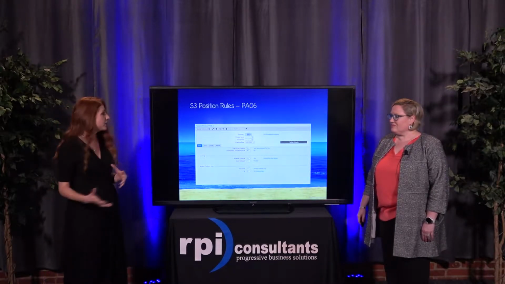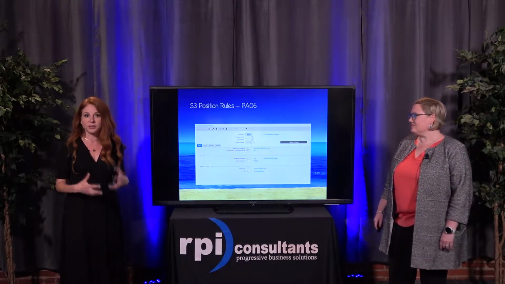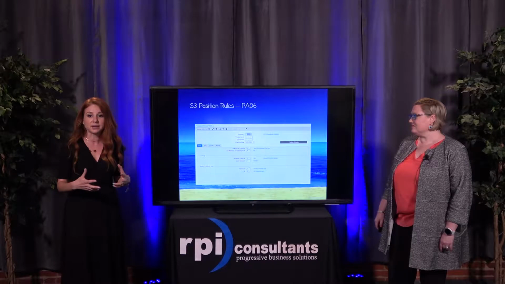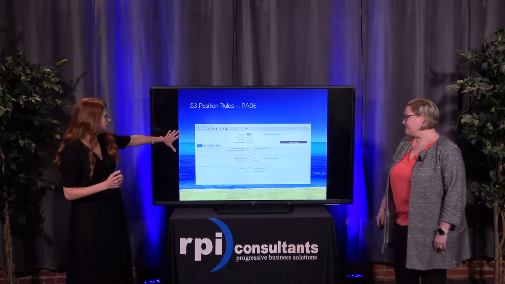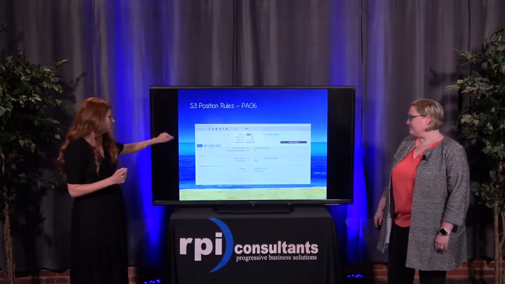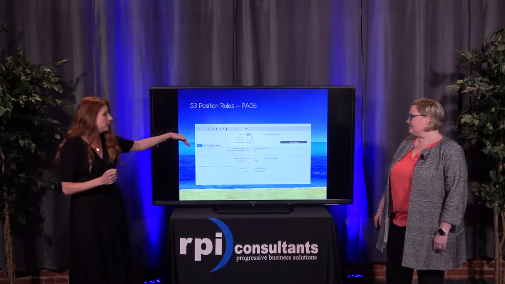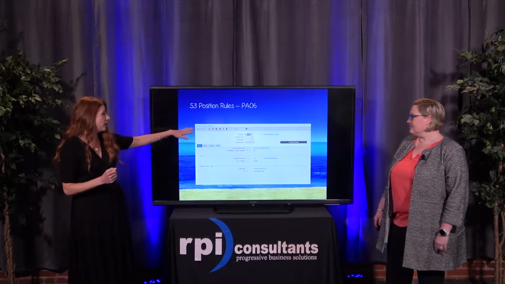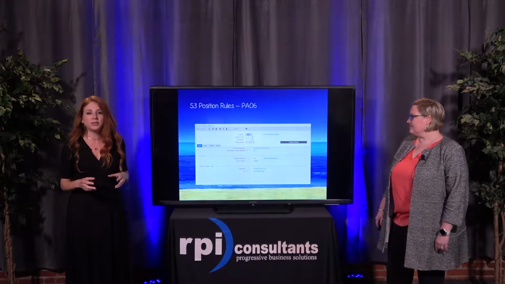But what I did want to go through is on your position rules, where the position management or position control pieces come in. So if you see here on position PA06, position rules, you will have a screen that you'll be able to fill out depending on your whole organization, or if, say, you just want one piece of your organization.